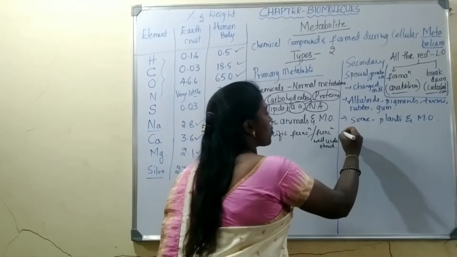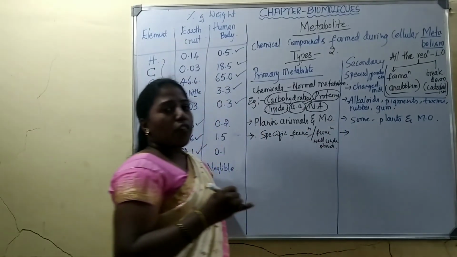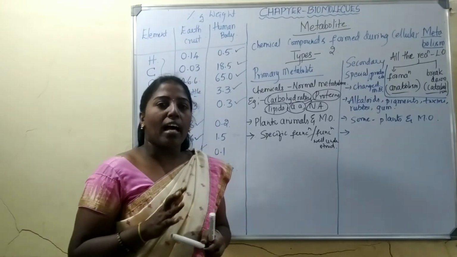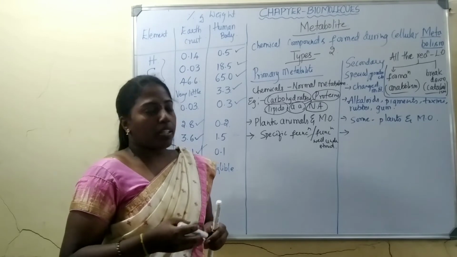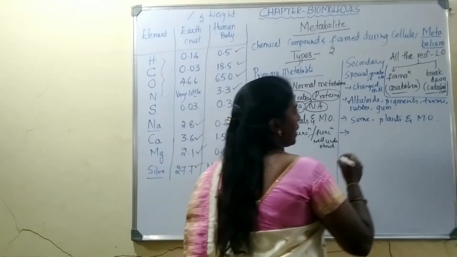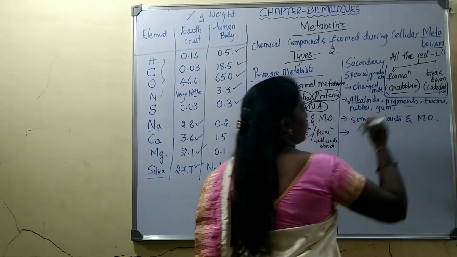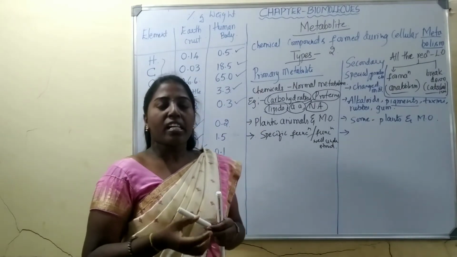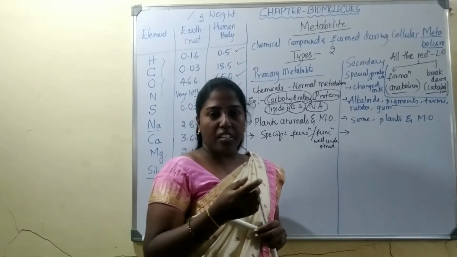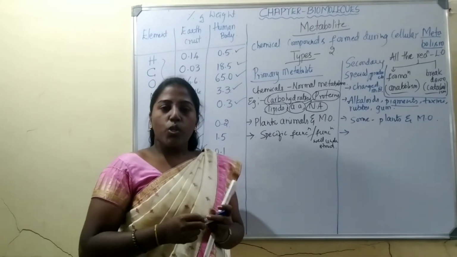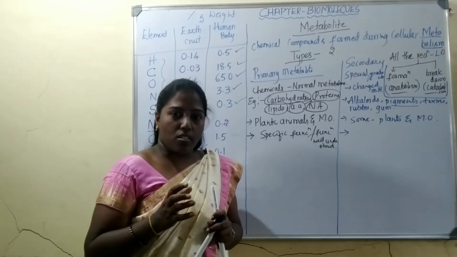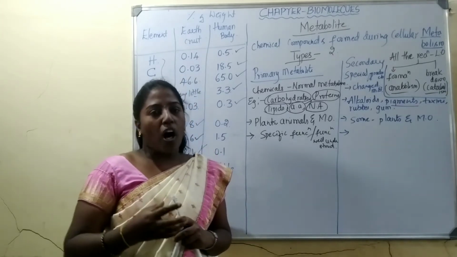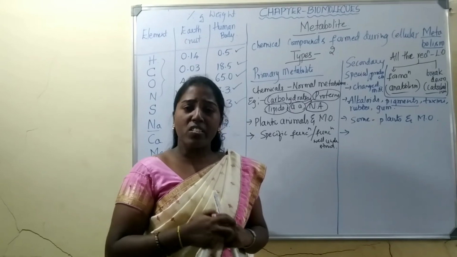Then coming to the function. The function of secondary metabolites is not well understood. Why? For example, take pigments, like carotenoid. In case of carrot, it is a reddish orange pigment. The pigment function is supposed to attract insects for pollination or animals for dispersal of seeds.